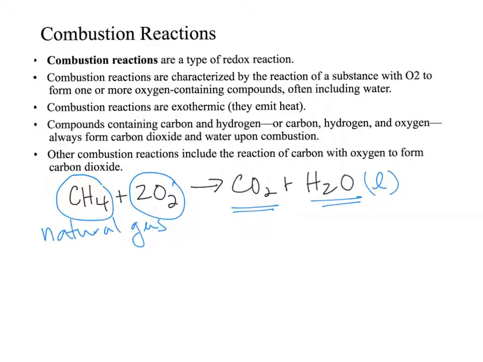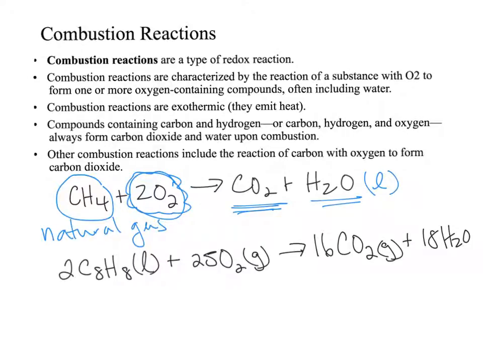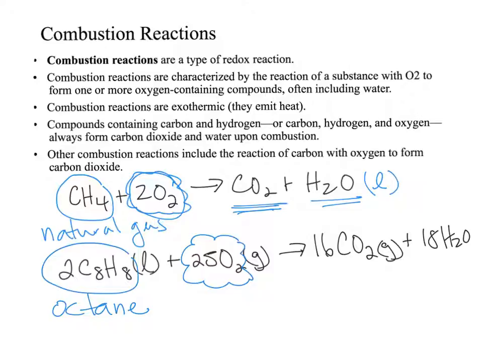This is considered a redox reaction because we do have elemental oxygen as a reactant, and because gas is being released in the form of carbon dioxide, this would also be a gas reaction as well. And here's another one. We have C8H8, and this is the fuel octane. Octane, when it is reacted with elemental oxygen, creates carbon dioxide gas and water.